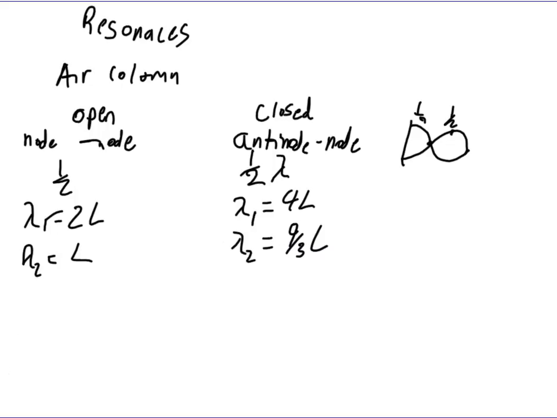Now the practice problem says a 440 hertz tuning fork is held above a closed pipe. So frequency is 440, and it's held above a closed pipe, which means we're going to have resonance going on in there. But do we have to care that it's closed? I don't know that we do.